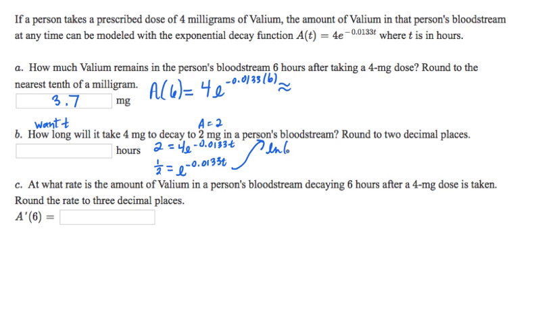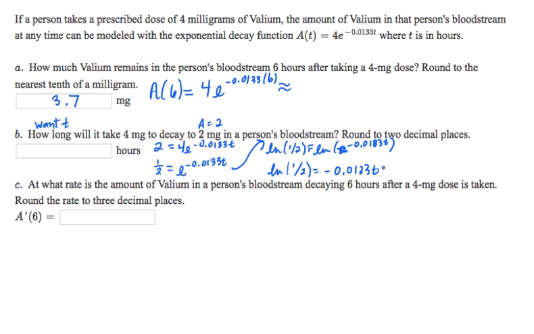So we get the natural log of 1/2 is equal to the natural log of e to the negative 0.0133 t. And then we can bring that exponent down up front, or you can use the fact that the natural log of e to a power is simply that power.